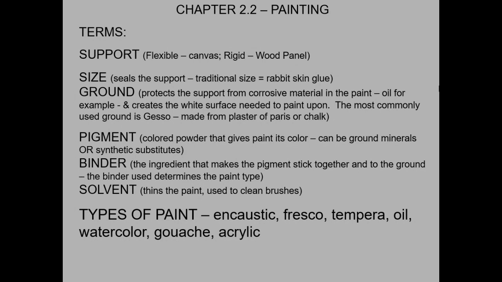Pigment is our first ingredient in making paint itself, and pigment is literally the colored material ground up into fine particles of dust that gives the paint its color. And that pigment can come from a number of different sources. They could be minerals, or they could be synthetic chemically created substitutes.